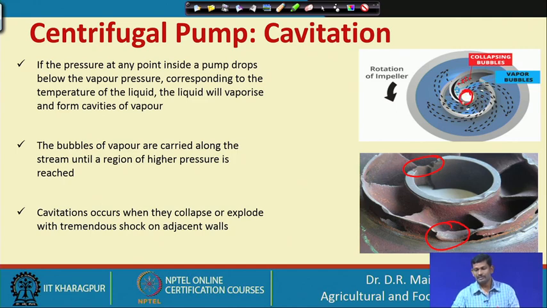When the impeller rotates at high speed, that increases the temperature of the fluid, which causes vaporization, and all the vaporized particles form cavities. Then when the cavity is transported from low pressure to high pressure, it is going to burst, and you can see the bursting effect here, mostly at the edges. This is an important aspect we need to study.